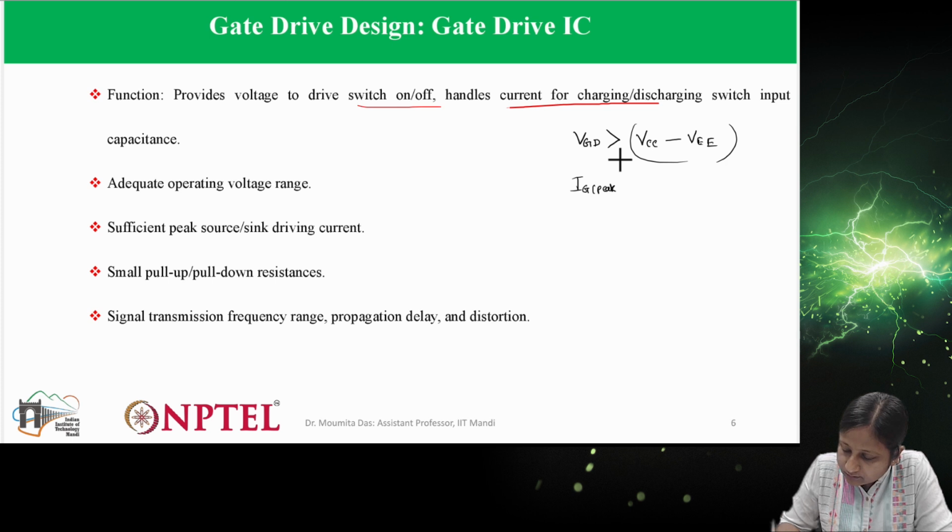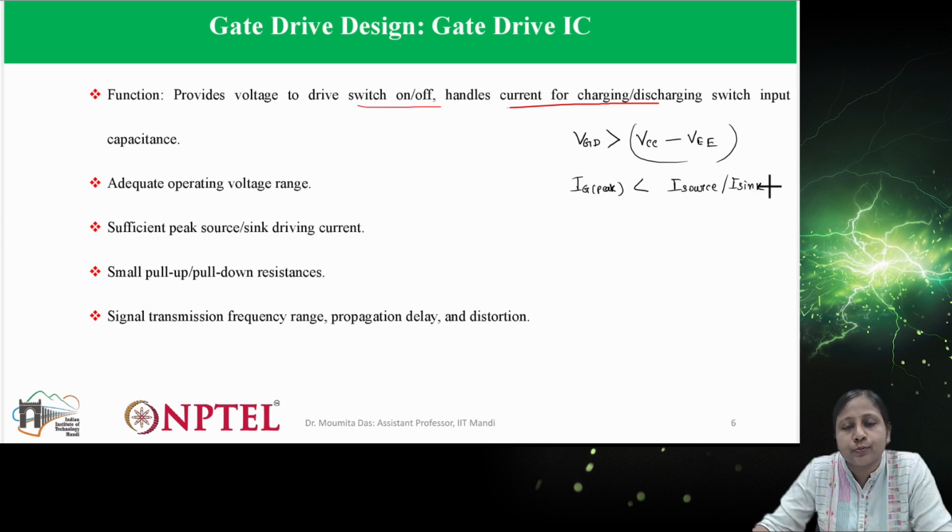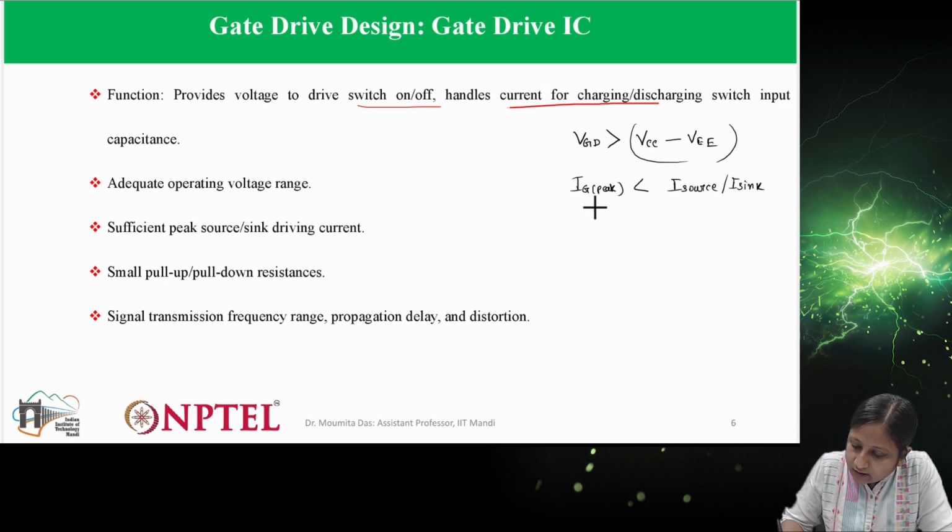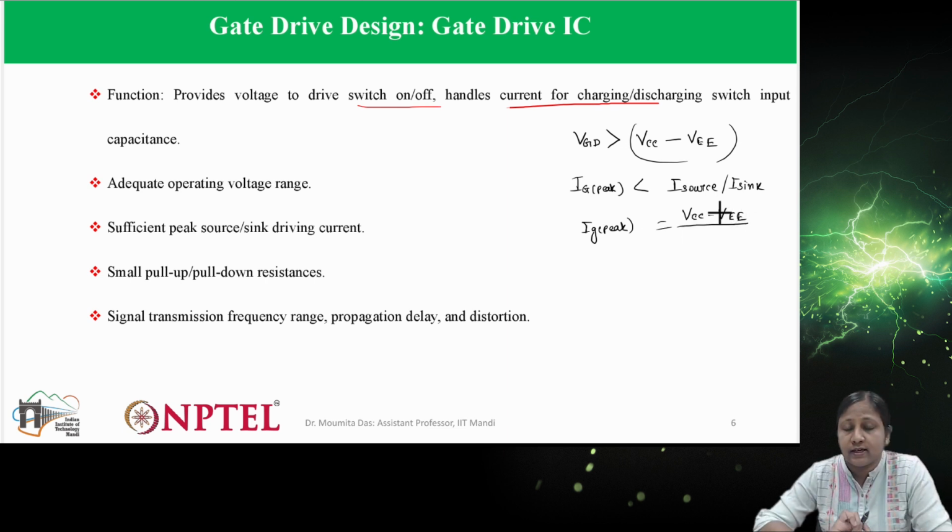should be less than I source or sink. So I source and sink should be able to provide the required gate current. This required gate current will be equal to VCC minus VEE, divided by the gate resistance, whether it is the external resistance, the internal resistance, or the resistance of that particular supply path.